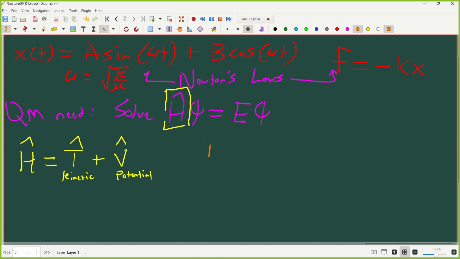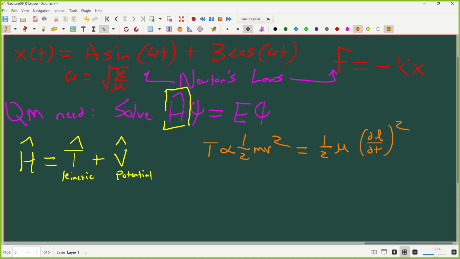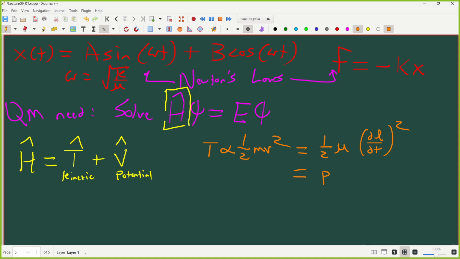Remember that kinetic energy classically is proportional to 1/2 mv squared. That of course is going to be 1/2 times the reduced mass times the change in the displacement with respect to time, squared. And we can rewrite this as the momentum squared of the spring divided by 2 mu.